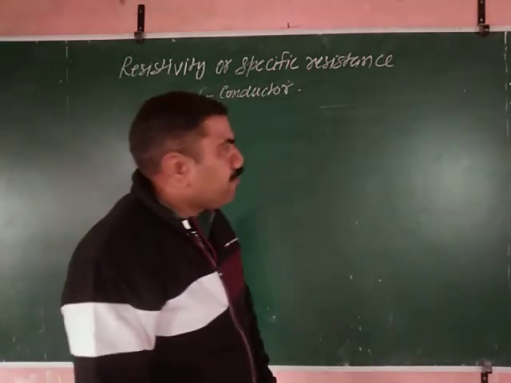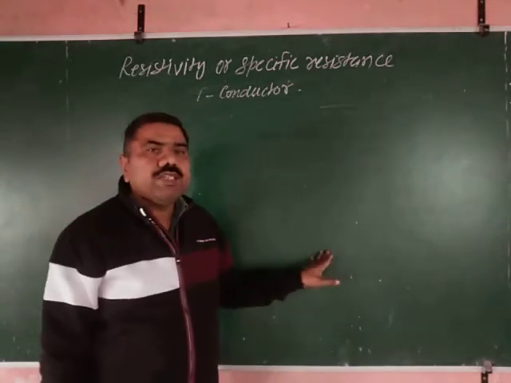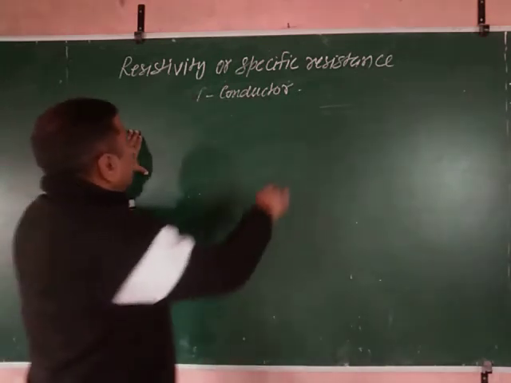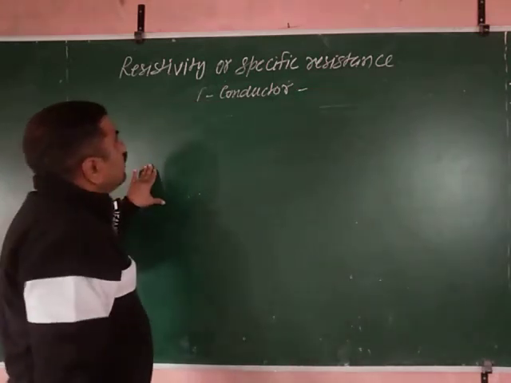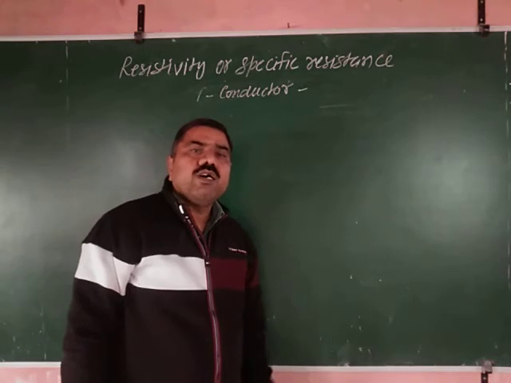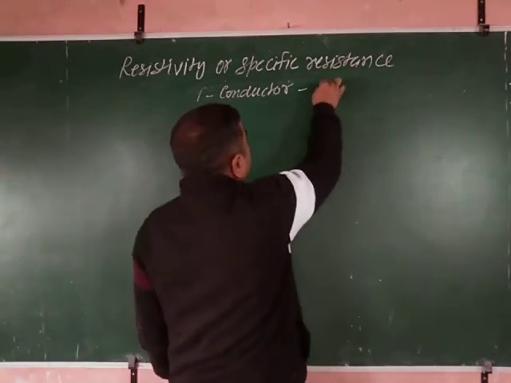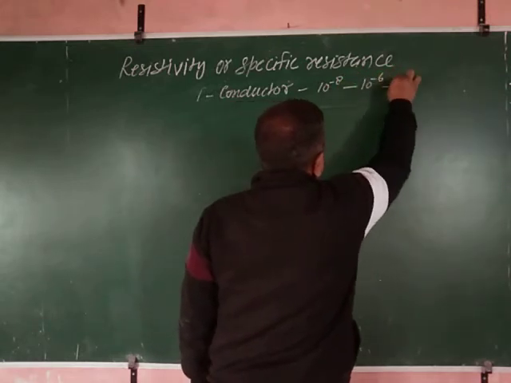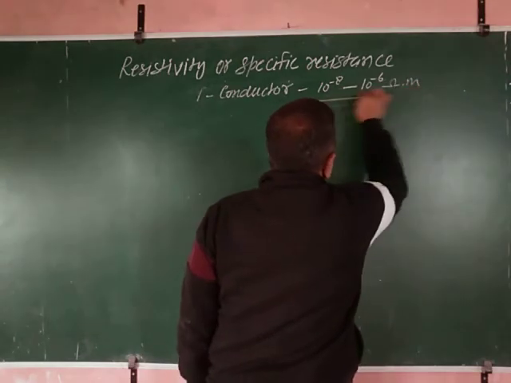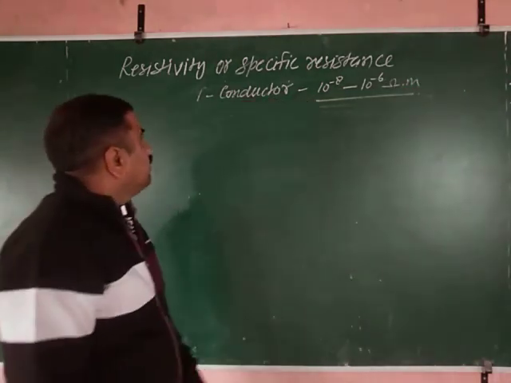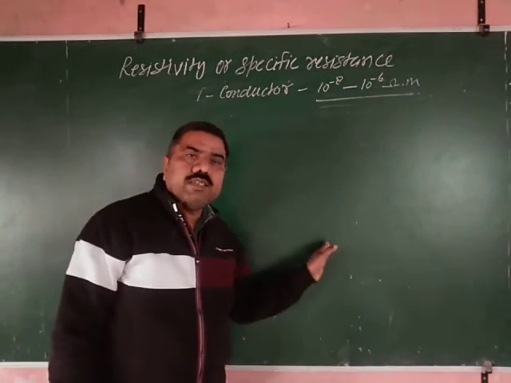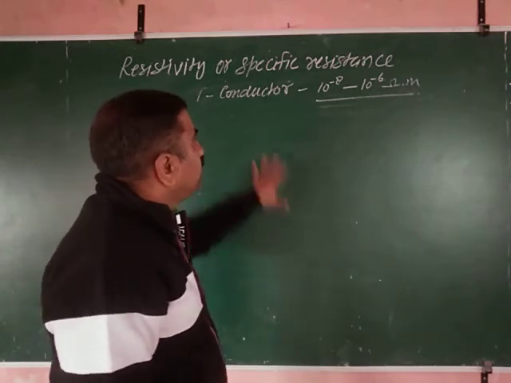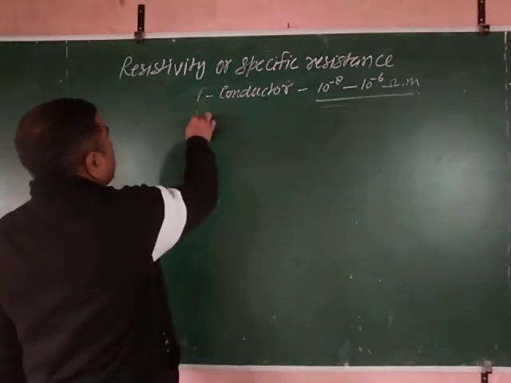Conductors are those materials through which electricity can flow easily, and the range of specific resistance or resistivity of these materials is between 10 to the power minus 8 to 10 to the power minus 6 ohm into meter. These are generally metals, and these are good conductors of electricity.